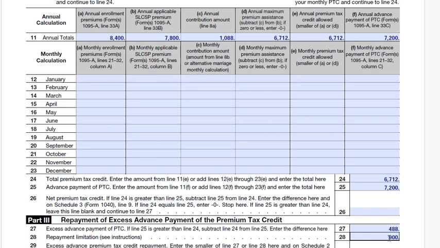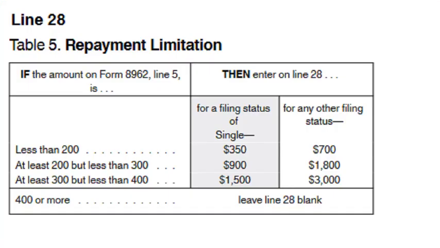And so to get the figure for line 28 here, we need to go back to the Form 8962 instructions and look at line 28. This is called the repayment limitation. And so we need the figure from line 5 of Form 8962.